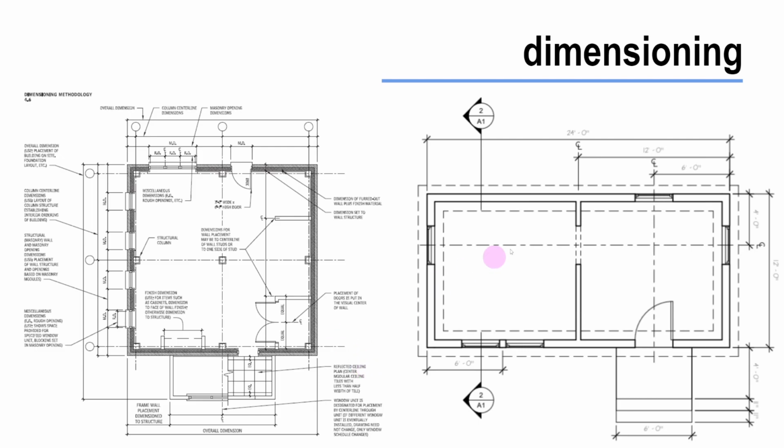If we are framing with just stick framing with lumber, we dimension to the center of openings, things like the center of our windows, the center of our doors. With masonry framing, we measure from the outside to the other outside of the opening. So instead of measuring to the center of where the framing of the opening would be, we measure just from outside to outside of the rough opening.